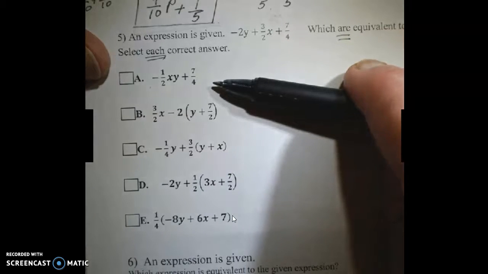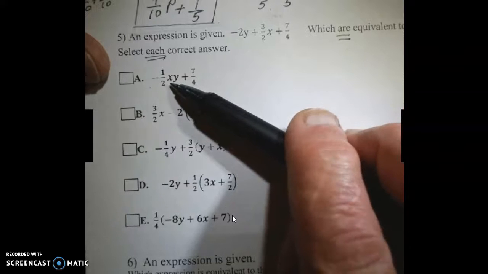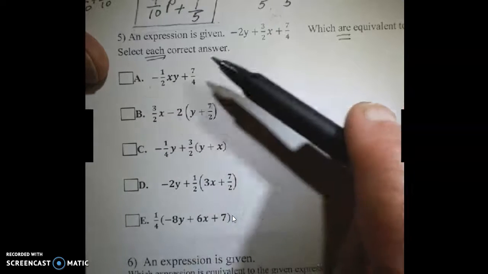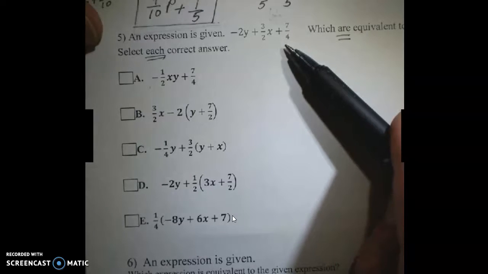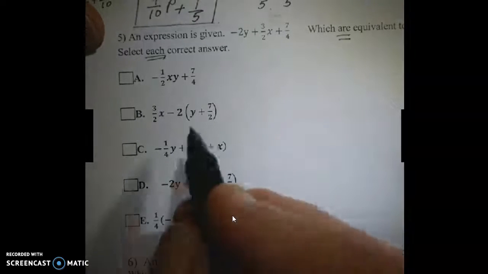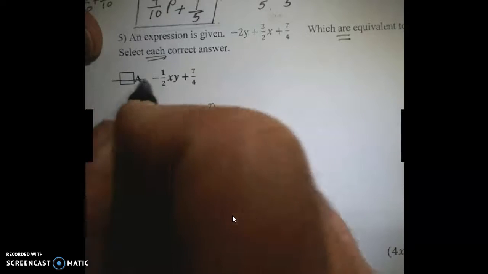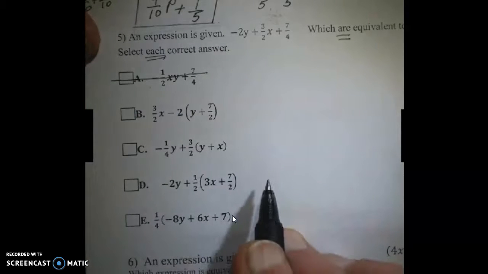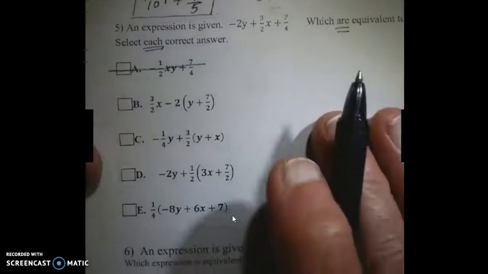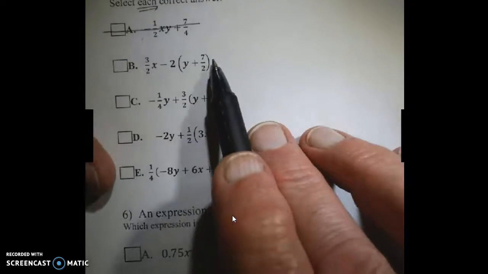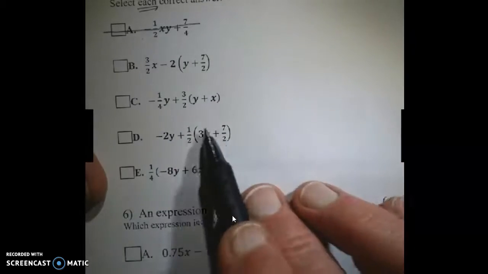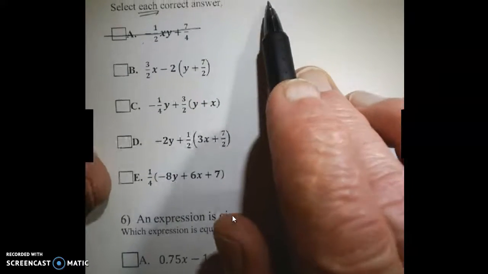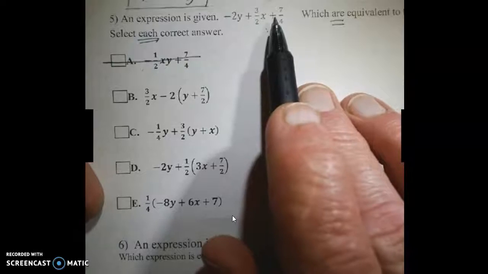You have an x times y in here, and there is nothing in the original that would give us an x times y. So right away, we can eliminate that as a solution. There is no way that is a correct answer. The rest of these, you're just going to have to do the work and simplify and see if they will match up to equal that.